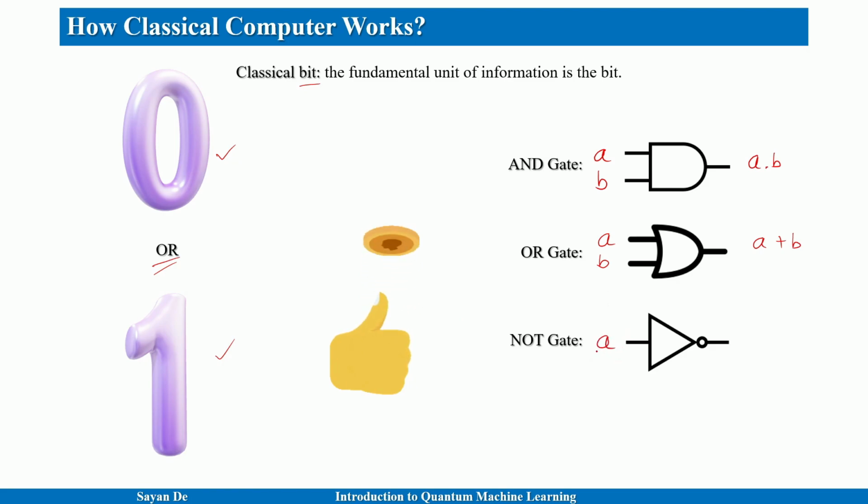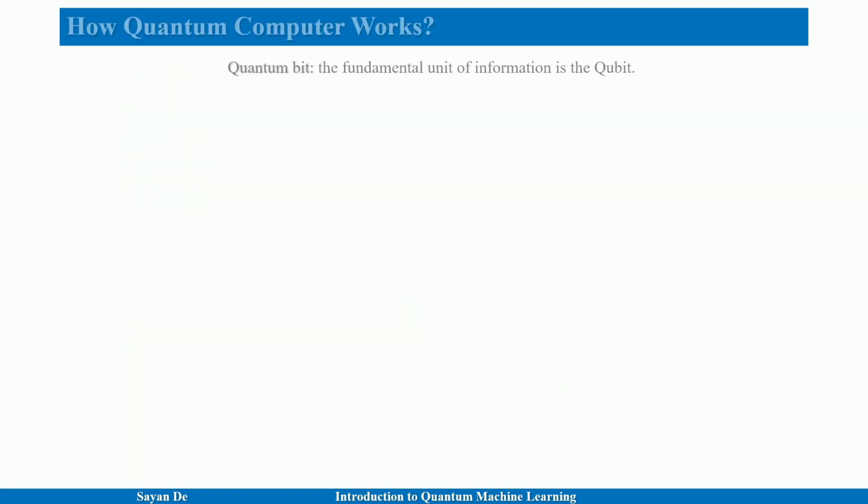That means if I pass an input A, I'll be getting A bar. So AND gate and OR gate are examples of 2-bit gates. But NOT gate is basically a 1-bit gate. Clear up to this?